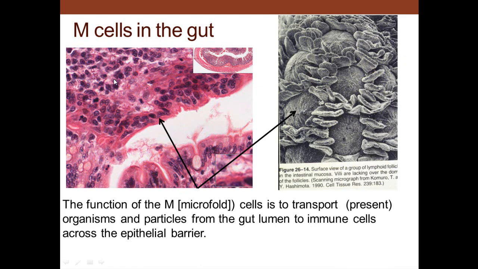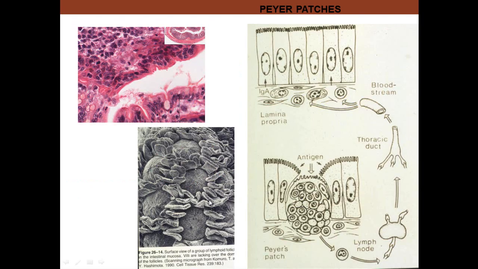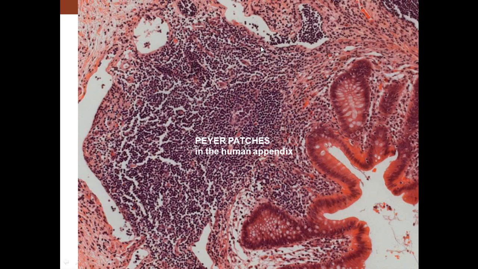So it takes these and presents these to these guys so they can react to their antigen, and then once that occurs, the cells migrate through the lymph node, through the thoracic duct, back into the bloodstream, and so the B cells would then transform as plasma cells and start producing antibodies against whatever antigens they are exposed to.